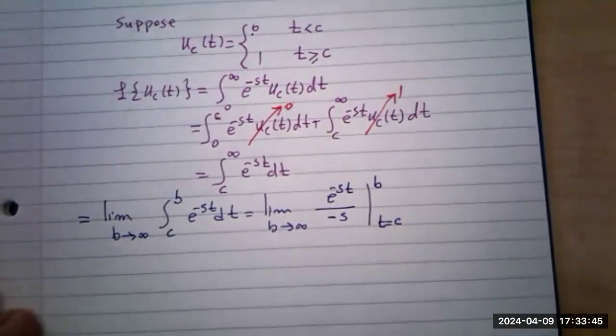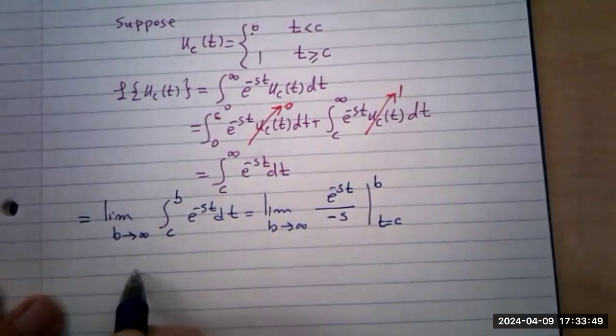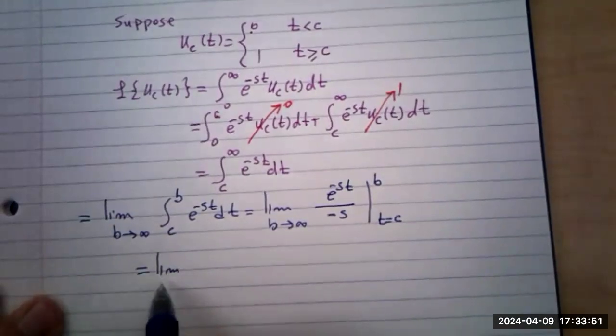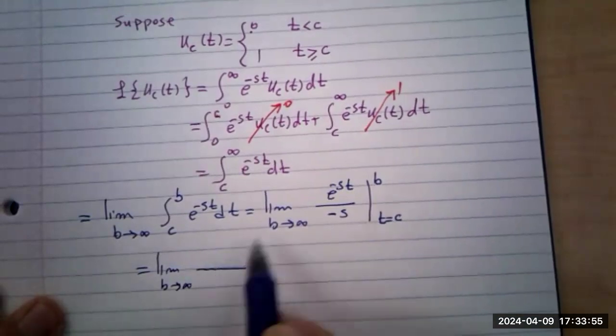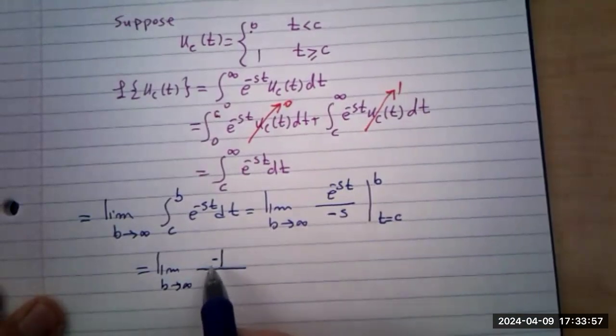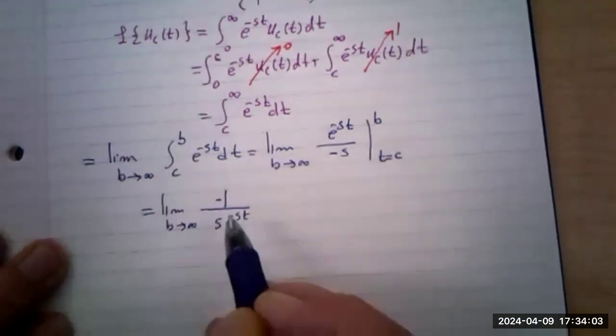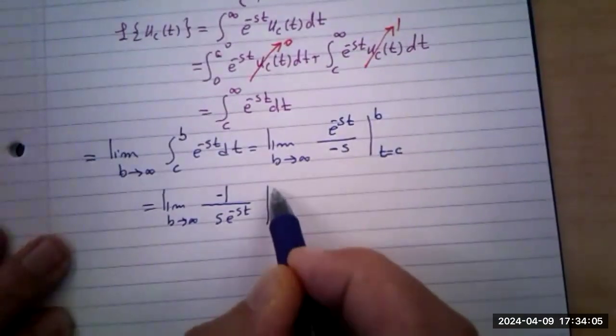To simplify it, I can bring it down. So it's the limit as b goes to infinity of negative 1 over s times e to the negative st, going from c to b.